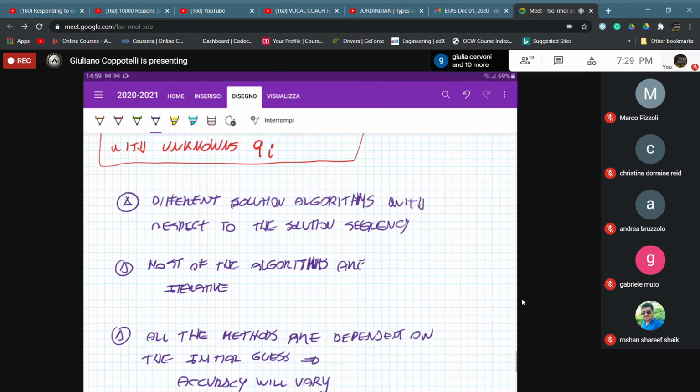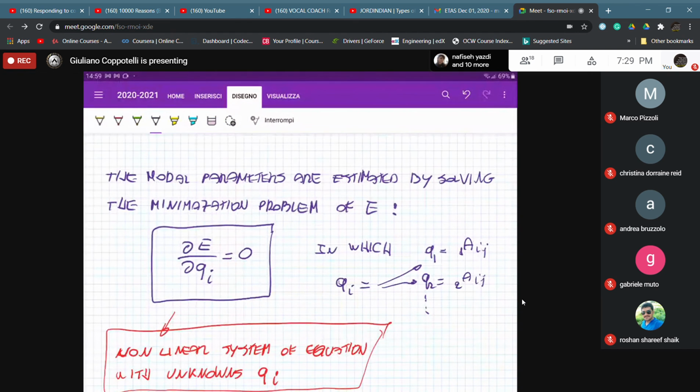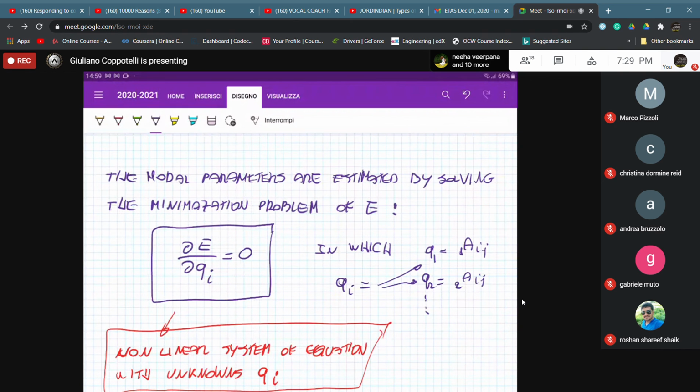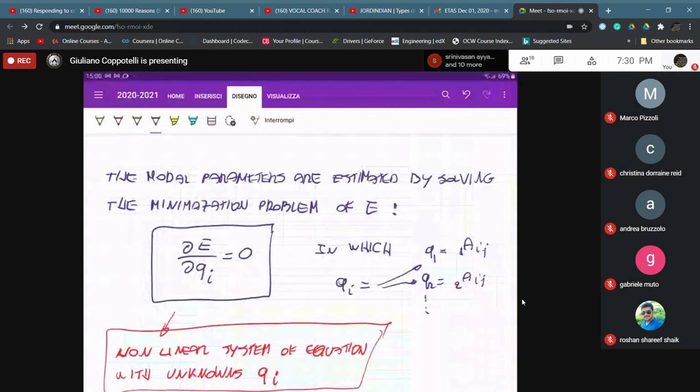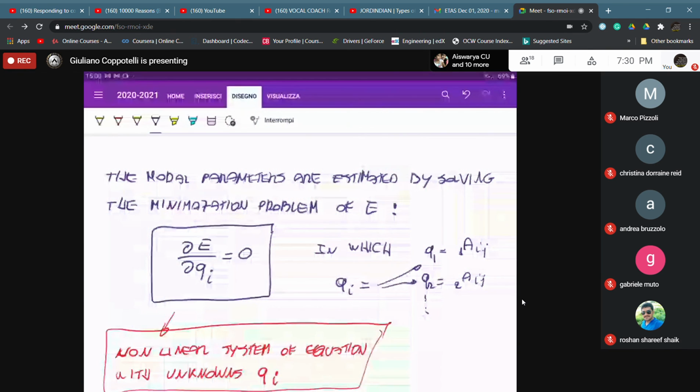So the most important thing to remember is that those methods, that are generally iterative, are based on the minimization of the error between the measured FRF, that is the H1 and H2 FRF, and the synthesized FRF, that is the FRF obtained by using the model parameters that you would like to have. And this minimization procedure, that is an iterative one, requires an initial guess.